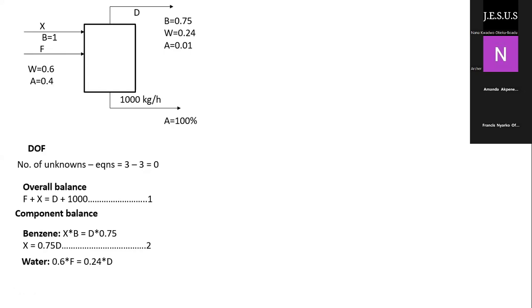And then for the last stream, the bottom stream, it's 100%. So we can just say it is 1 times the 1,000, which is just going to be 1,000 kilogram per hour. So for the component balance for alcohol, it's going to be 0.4 times F equal to 0.01 times D plus 1,000.